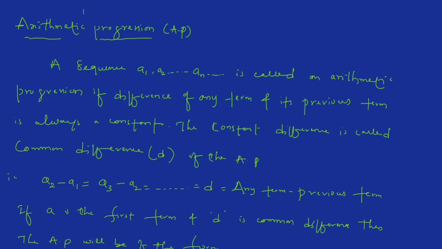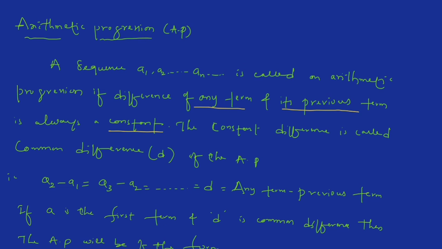So a sequence a1, a2, so on an is called an arithmetic progression if the difference of any term and its previous term is always a constant. There will be a constant.